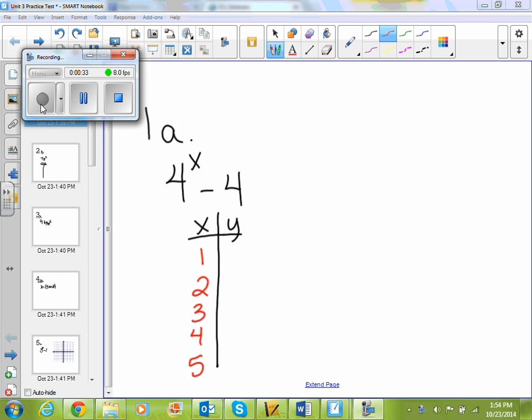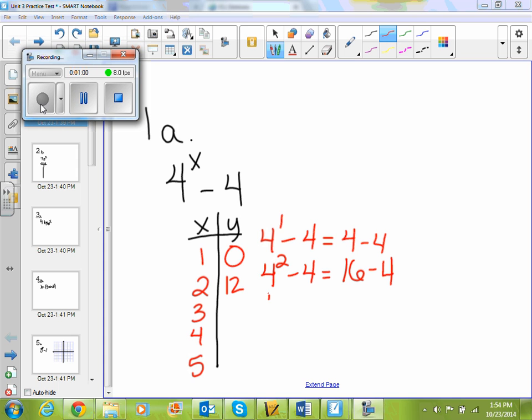Okay, so if I plug in 1, I get 4 to the first minus 4. 4 to the first is just 4. 4 minus 4 is 0. I do the same thing for 4 to the second minus 4. 4 squared is 16. 16 minus 4 is 12.